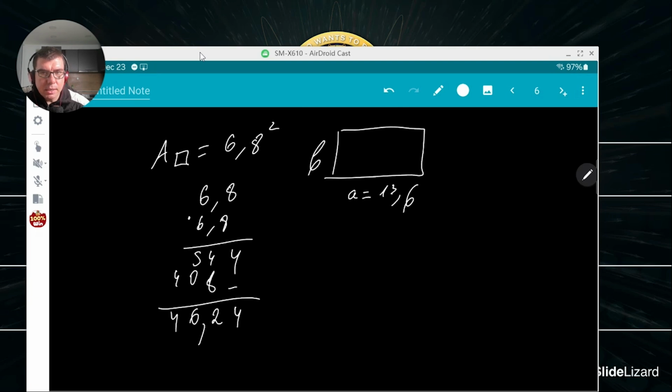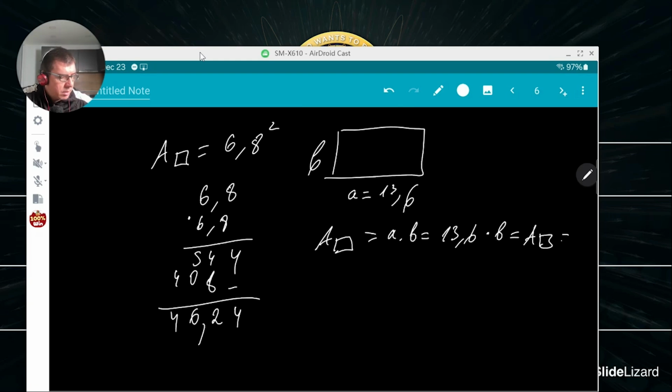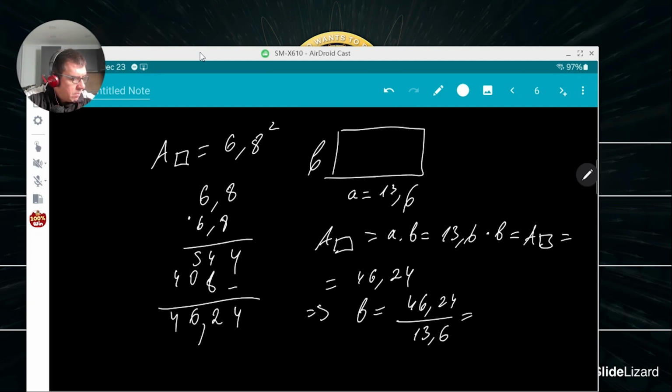We know that the area is equal, so the area of the rectangle, which is A times B, which is 13.6 times B, equals the area of the square, and that is 46.24, which means B has to be 46.24 divided by 13.6, which, okay, how many times is 13.6 entering into 46.24?